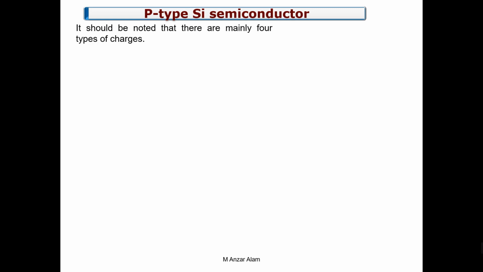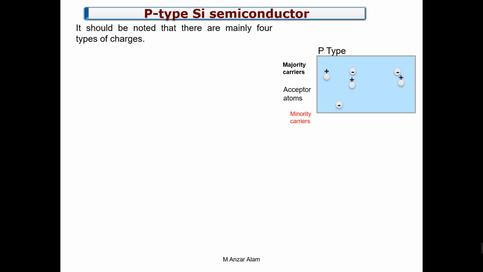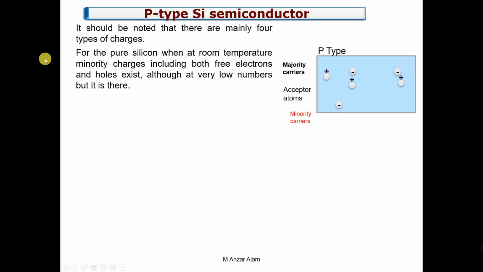Let's take the same example for the p-type semiconductor. Take again the same crystal, and because we want to make it p-type material, I wrote here p-type, since we have to convert it. But at this time it's just a silicon material which, at room temperature, has minority charges, the free electrons and the holes here.